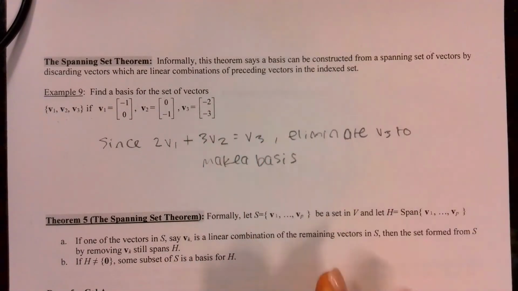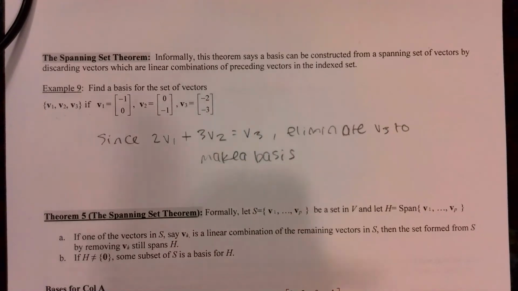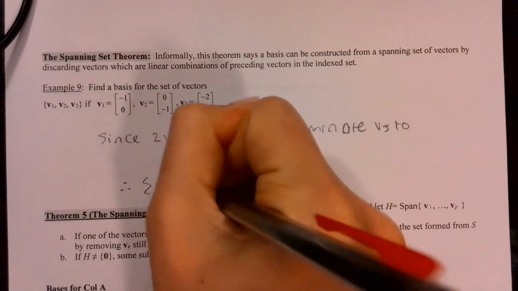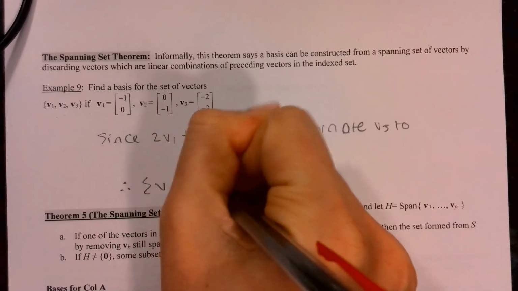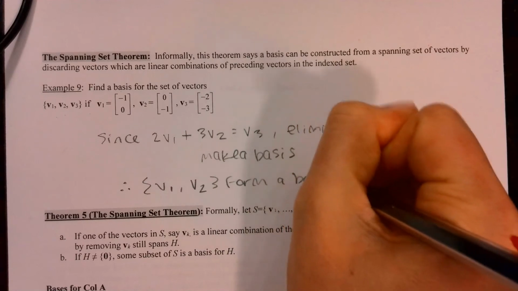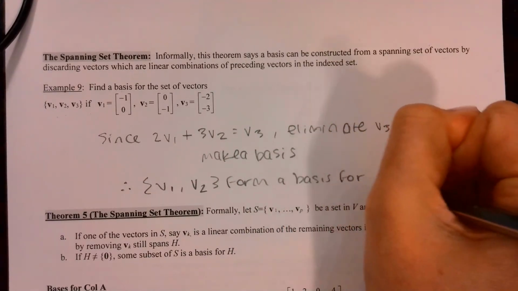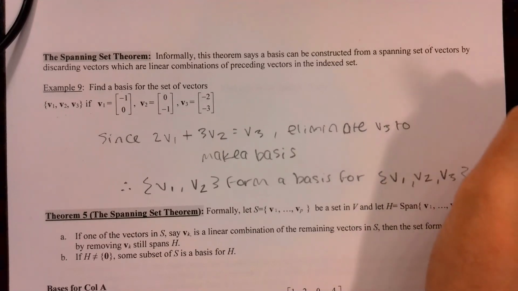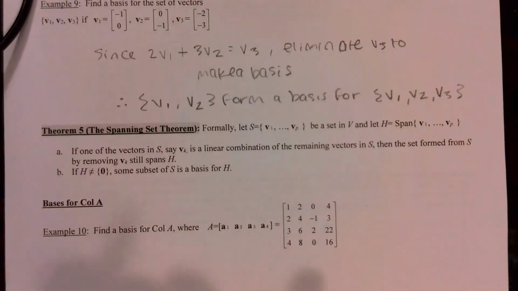And this will help us in a second find a basis for the column space of a matrix. So therefore, in this case, v1 and v2 form a basis for the set v1, v2, v3. Basically, we got rid of anything that was linearly dependent.